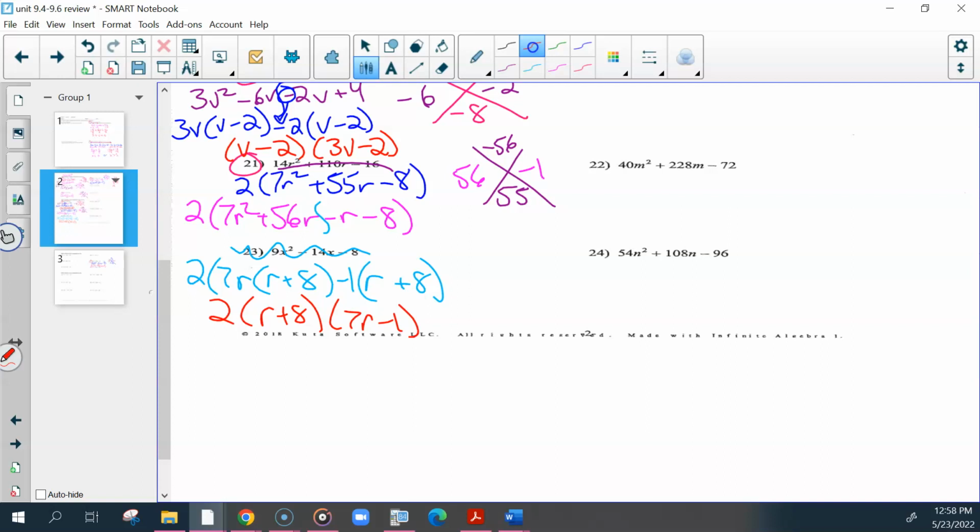Do we have any other questions on that problem? How we got it, the answer, anything like that? Daniel? Negative 56. Here you multiplied 7 and negative 8 together.